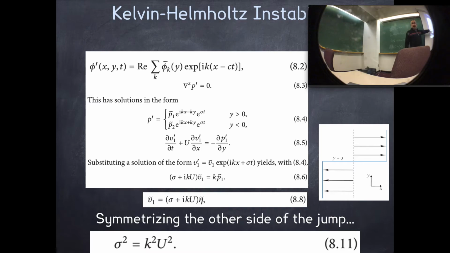Okay, but anyway, so here is the condition. I can also satisfy this equation and this equation by setting V and P and eta to 0. Why is that not interesting? Yeah, there's no perturbation.